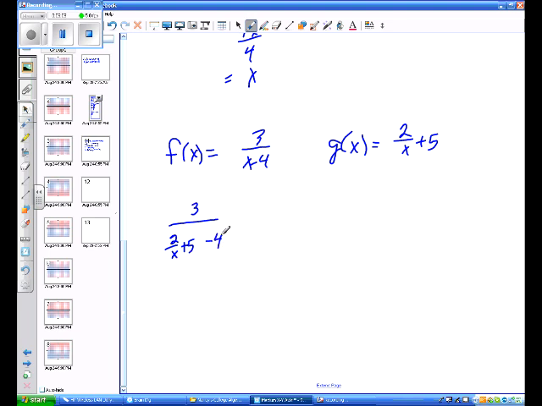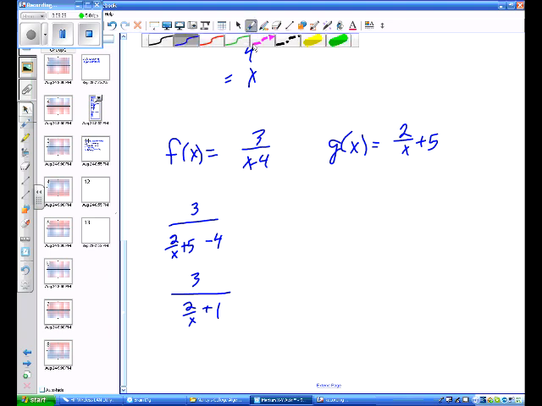Well, simplifying that, we've got 3 over (2 over x plus 1). Need to get a common denominator, which would be x.